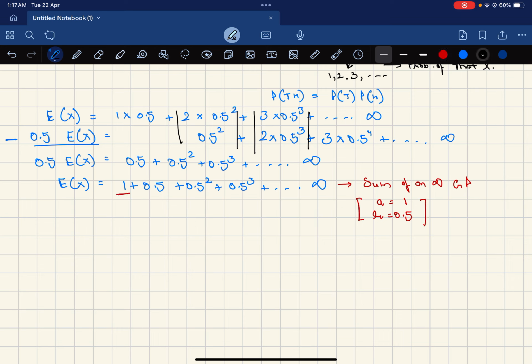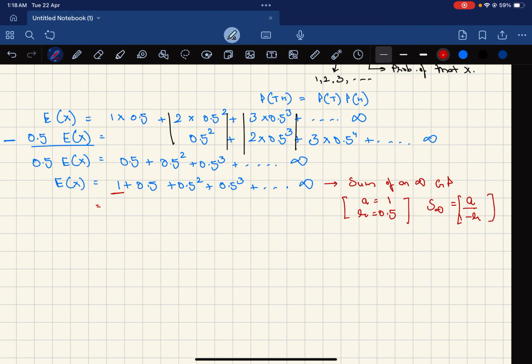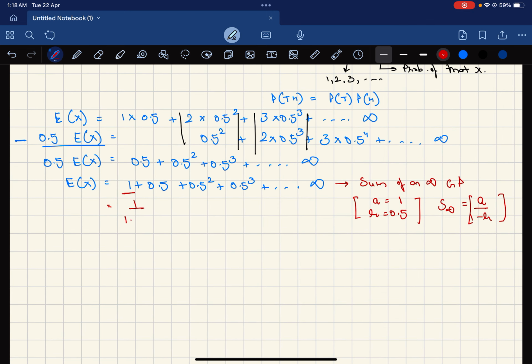Now applying the formula for the sum of an infinite GP, we know that it is nothing but A upon 1 minus R. So using this we get the required expected value as 1 divided by 1 minus 0.5, which is nothing but 1 by 0.5, which is 2.